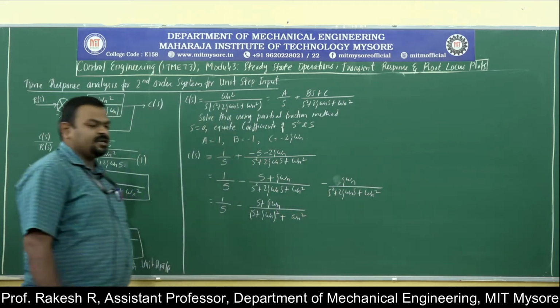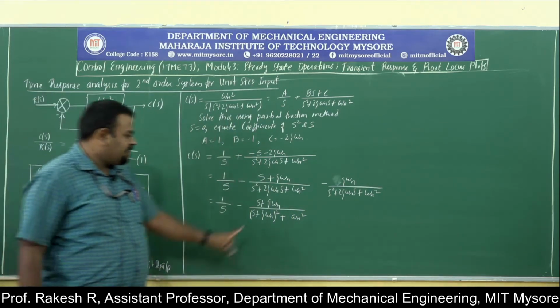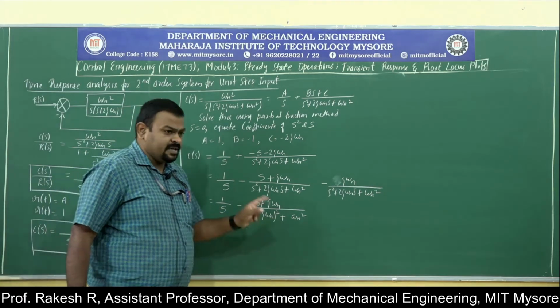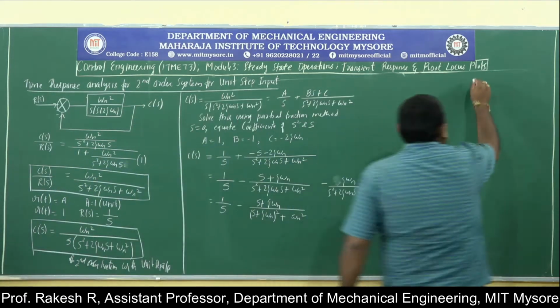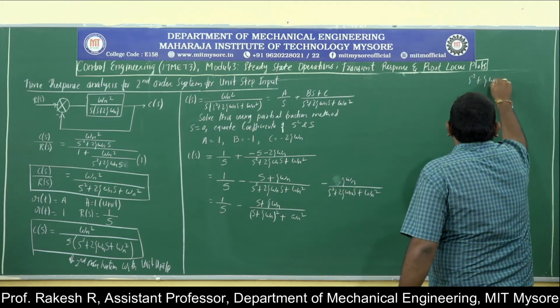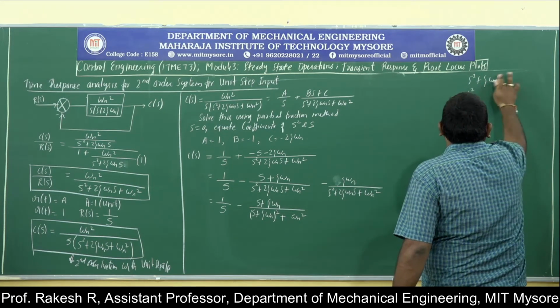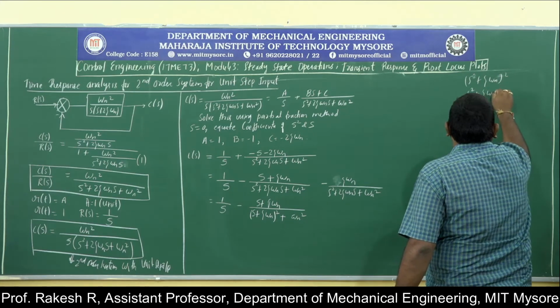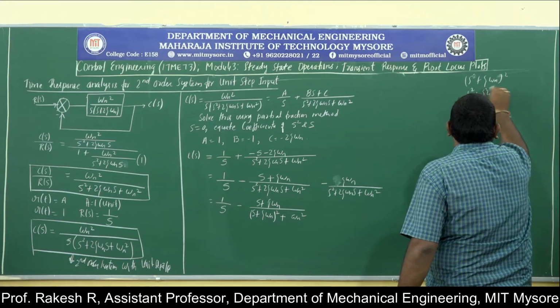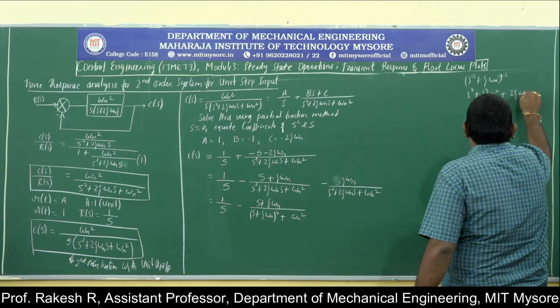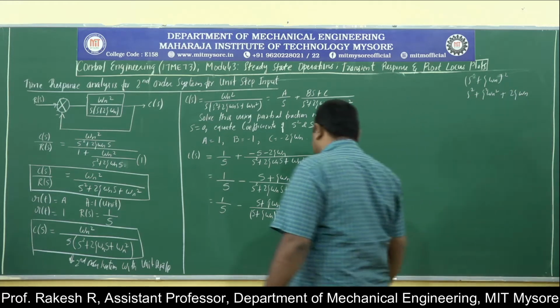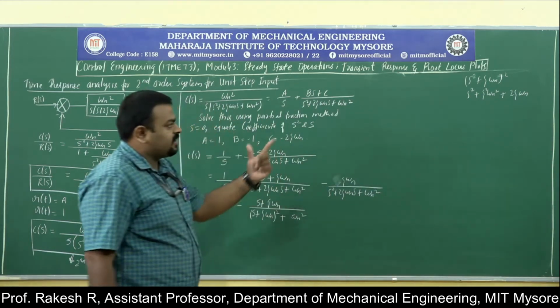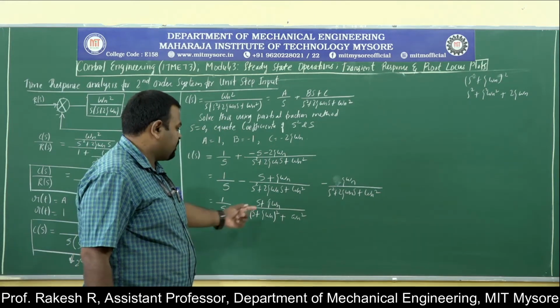So this is the expression I will be using. It is in terms of s square plus a square, with s plus zeta omega n whole square. It will be s square, a square plus b square plus 2ab. So this is the expression I will get if I express it in terms of this.